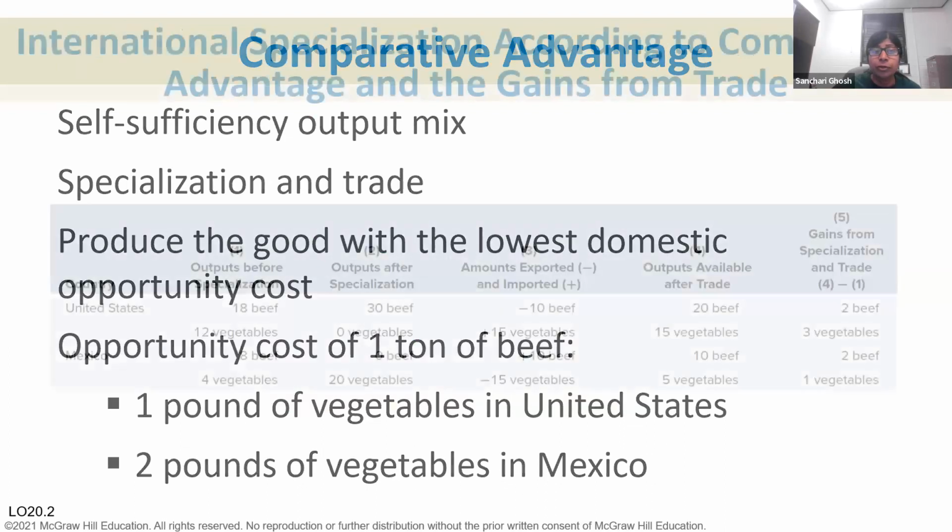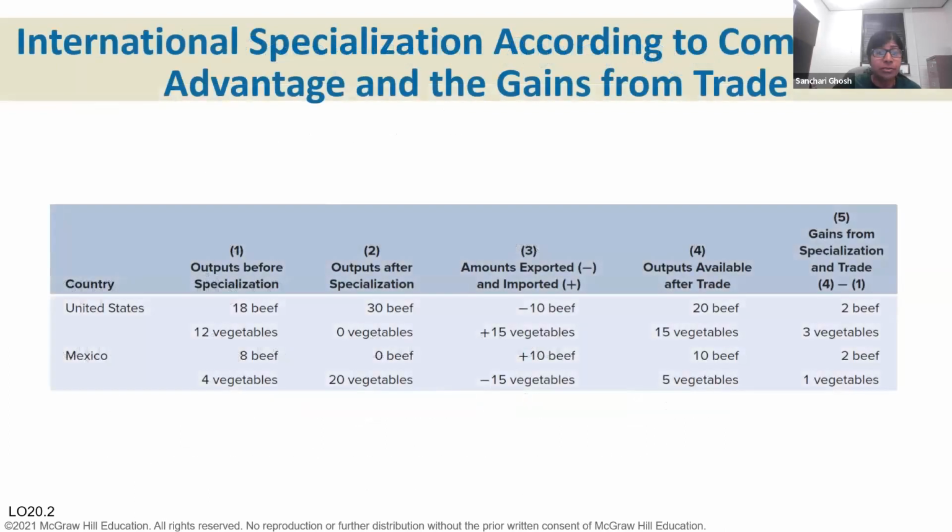But see these. If we really follow comparative advantage and specialization, the United States doesn't have to make 18 beef or any vegetables at all. Make all the beef in the world. You can specialize in beef, make 0 vegetables, and get the vegetables from Mexico. What is Mexico doing? Mexico is making 8 tons of beef and 4 tons of vegetables. Just specialize in vegetables because you have a lower opportunity cost of making that.